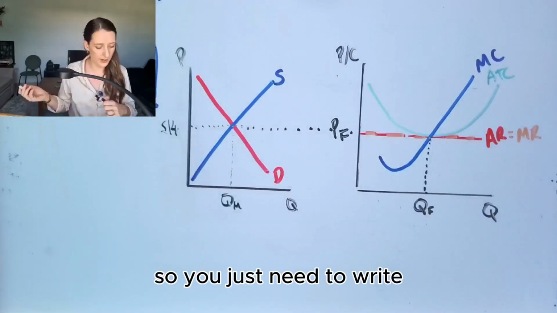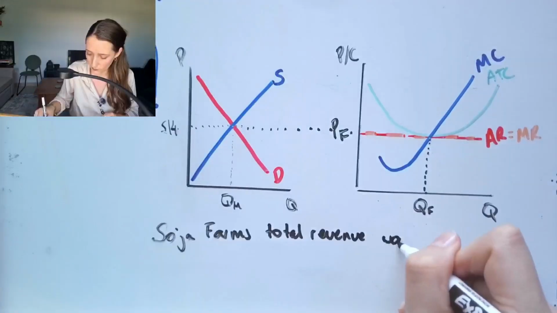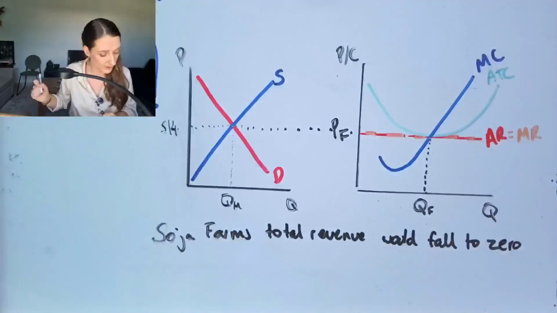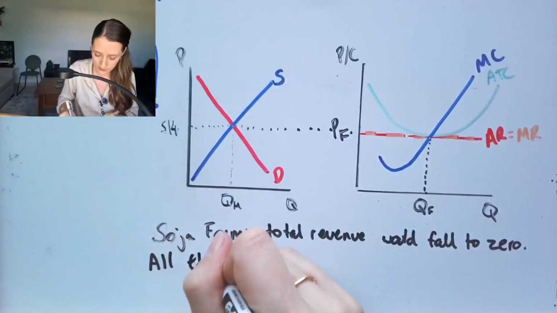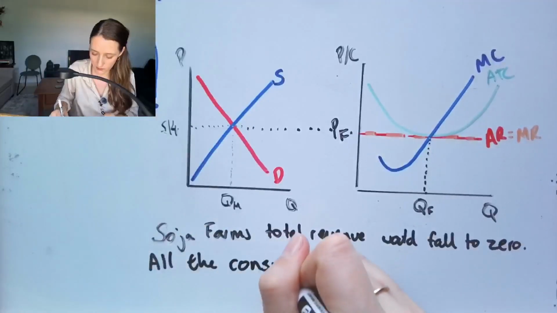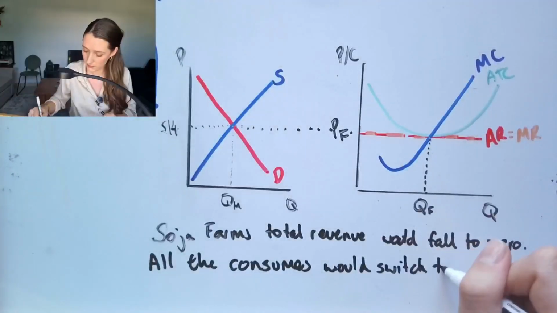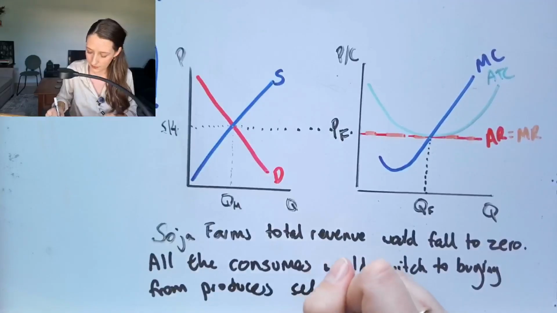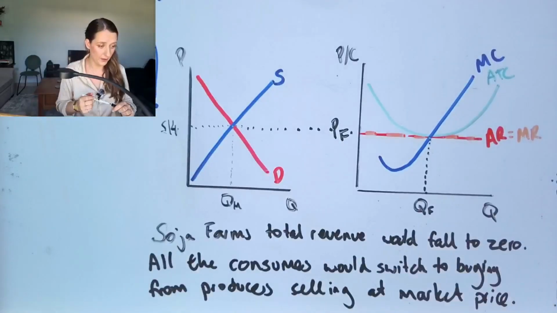So you just need to write Soja Farm's total revenue would fall to zero. All the consumers would switch to buying from producers selling at market price. That would get the marks.